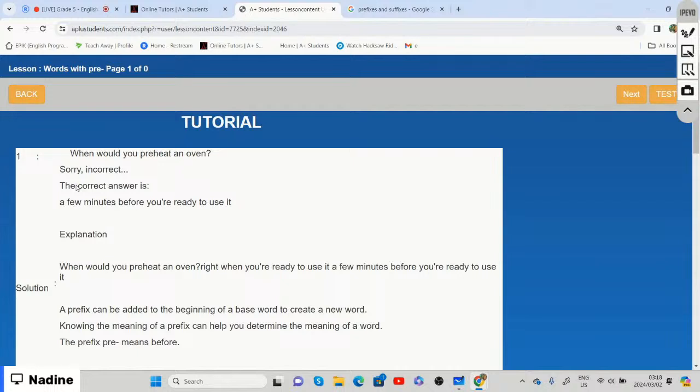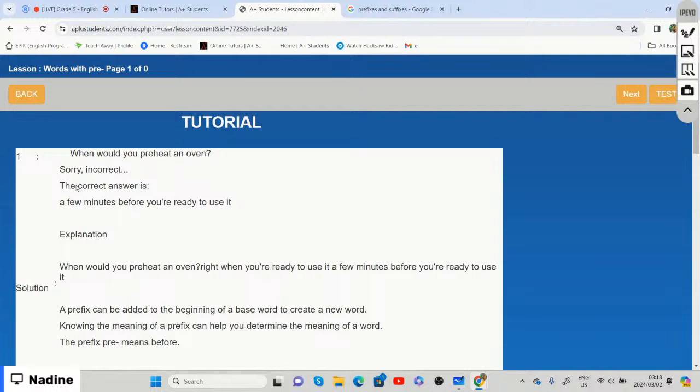All right. When would you preheat an oven? So when would you preheat an oven? Remember, pre means before. So when would you preheat an oven? All right.